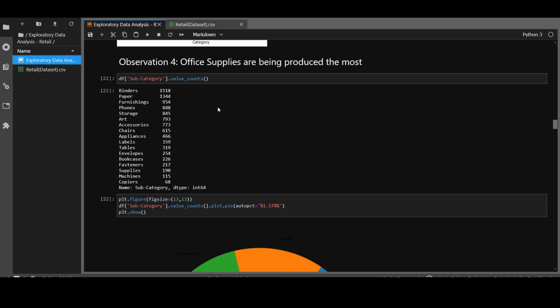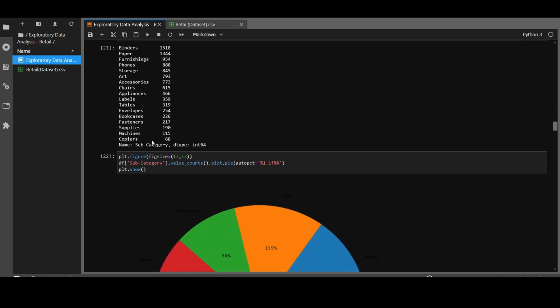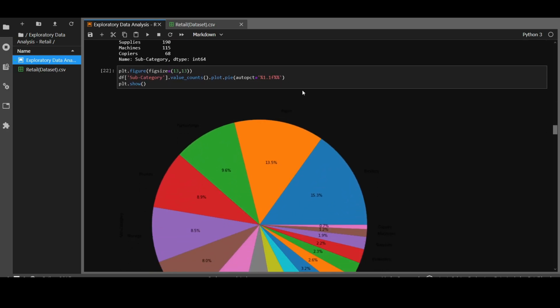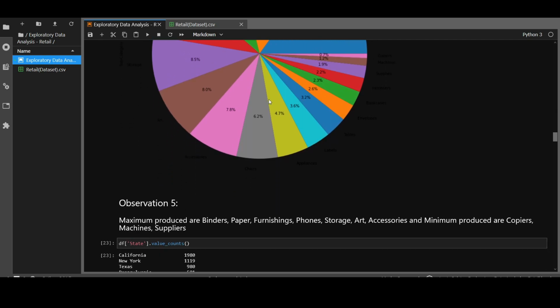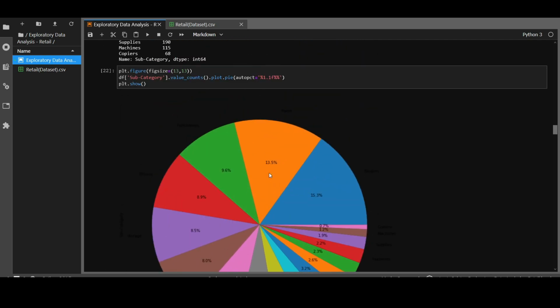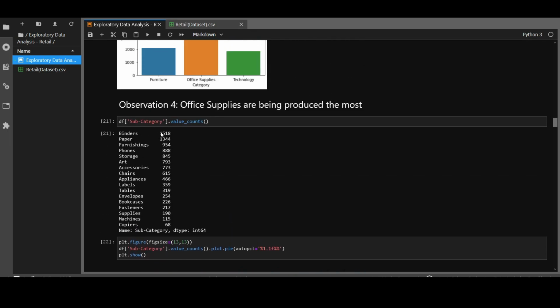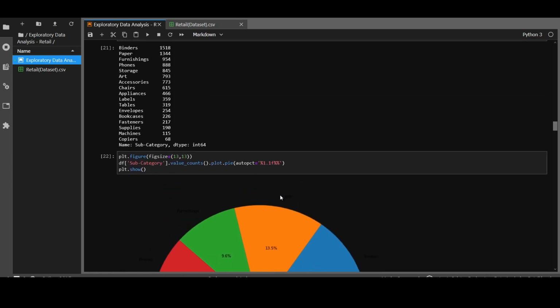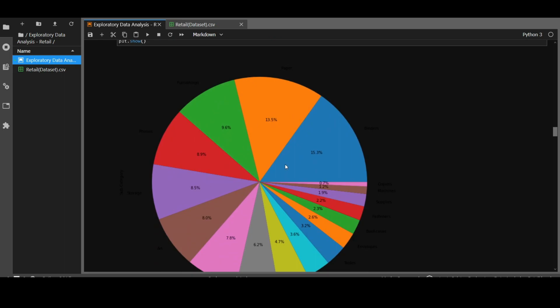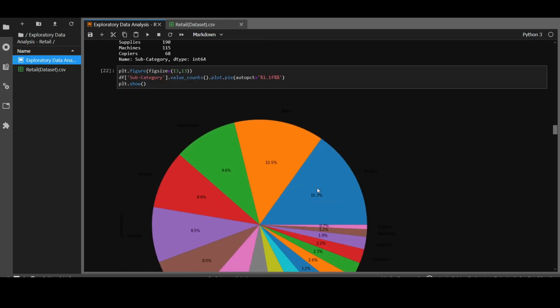There are binders, papers, furnishings, phones, and so on. I've plotted again, and we can see that the maximum produced are binders, papers, furnishings. This is probably the binders, and this is the papers, and this is the furnishings.